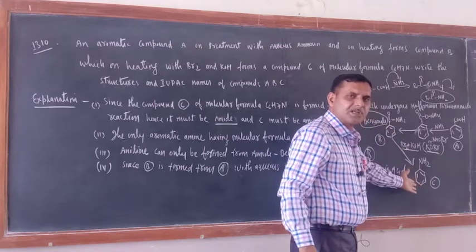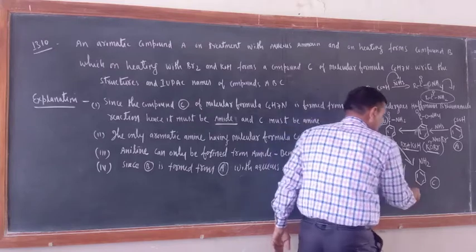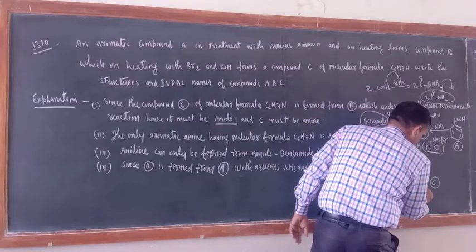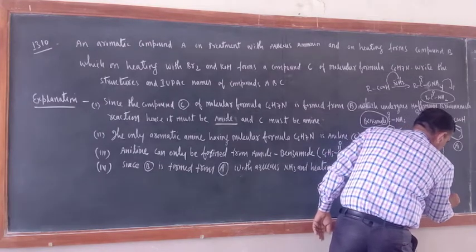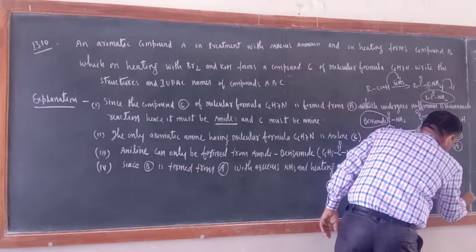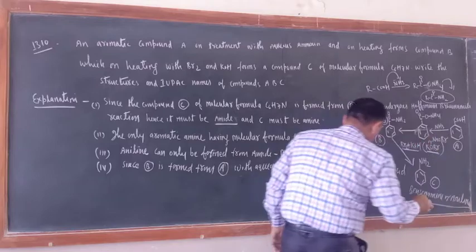So this is benzene amine. Write down the IUPAC name: benzenamine, or aniline. Yes. Now we have identified what A is.